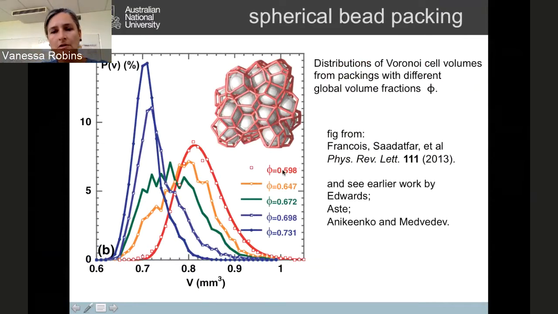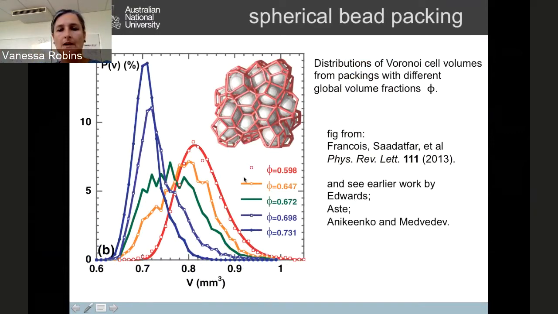If the global volume fraction here is 59.8%, which is quite a loose packing, then the distribution of volumes of each Voronoi cell has this very nice distribution, which is a gamma distribution.